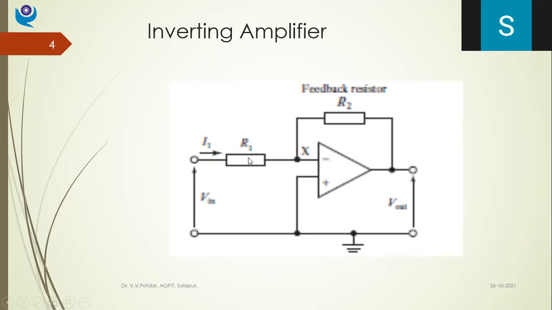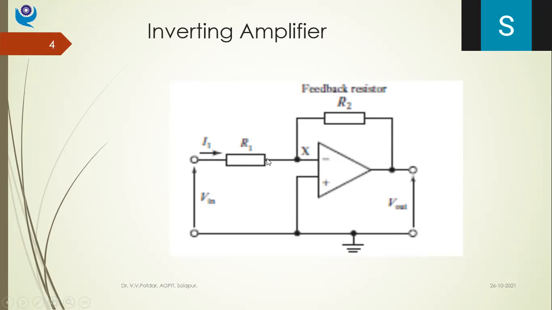त्याची magnitude कशावर अवलंबून असेल? So Vin and Vx, right? This Vx minus Vin will be equal to I1 into R1. बरोबर की नाही? Potential drop across any resistor is equal to Vx minus Vin, right? Will be equal to I1 into R1, right?